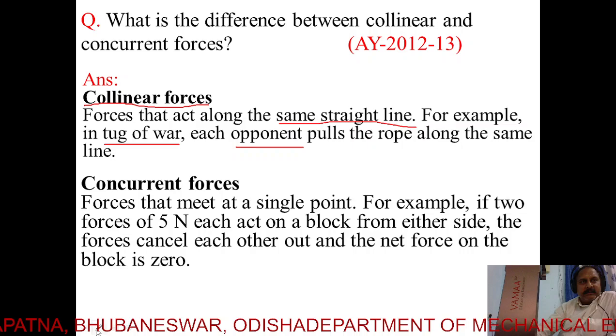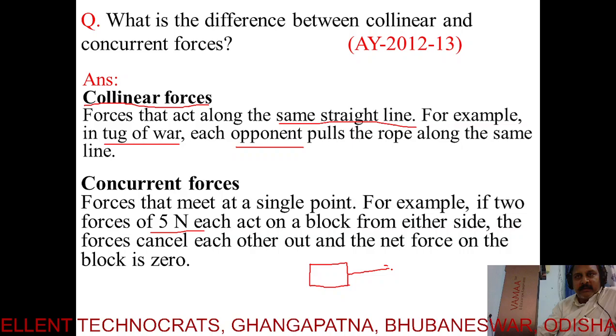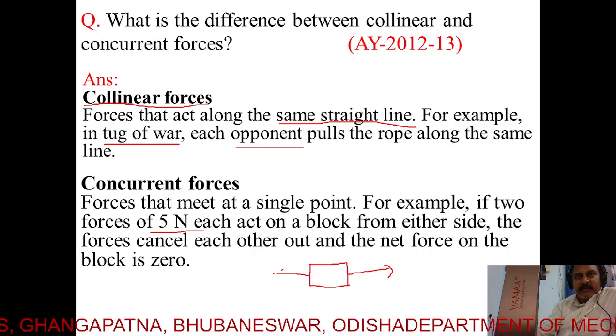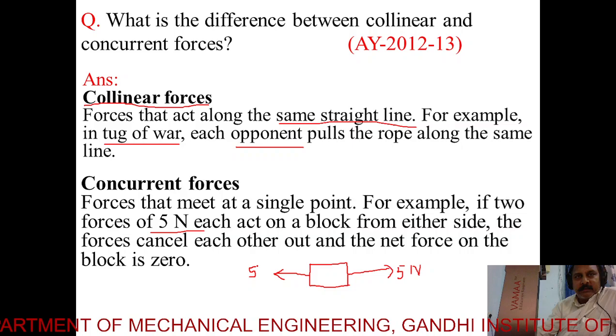So for this statement, suppose this is the block and this is the force which we are applying, maybe of 5 Newton on one side, and on the other side a 5 Newton force. Clear? Suppose this 5 Newton force is acting on the right hand side, and this 5 Newton force is acting on the left hand side.